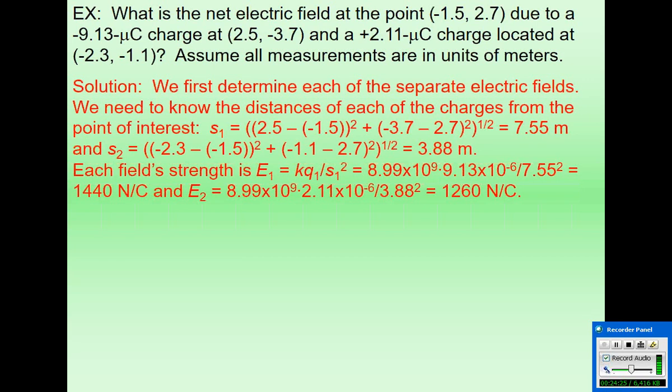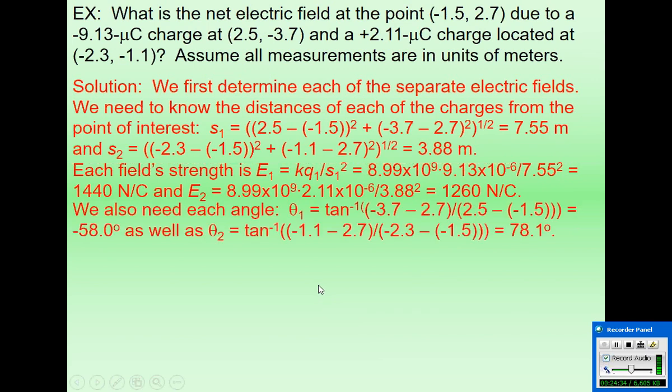But that's the strength. We also have to determine, of course, the direction. Again, we have to use some trigonometry and inverse tangent to do all of that. So the first angle, the inverse tangent of the difference in y divided by the difference in x, I get negative 58 degrees.